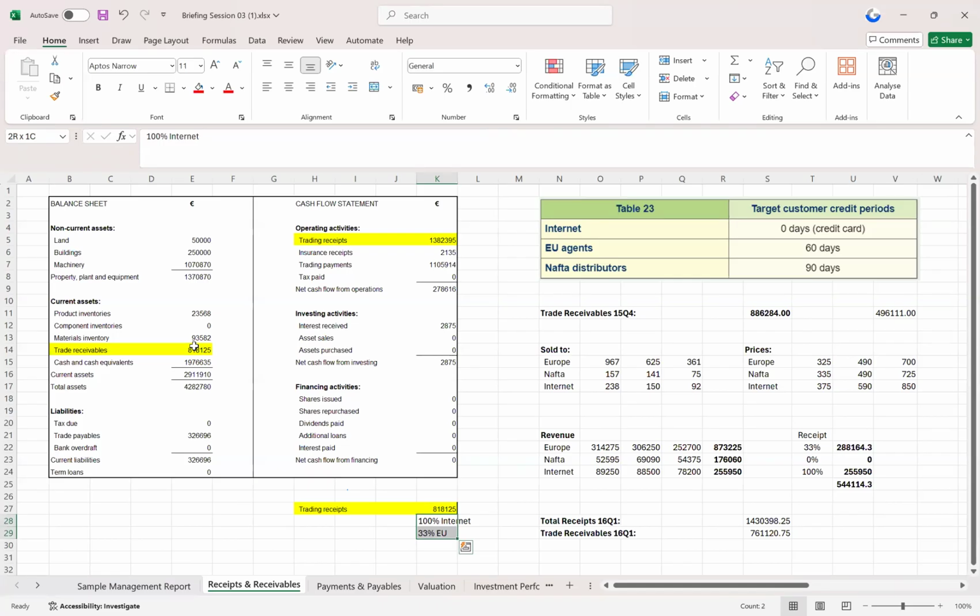Whatever orders you are expecting and how much you're delivering, on the basis of that you will be able to calculate that if these are the orders, 33% of that for Europe and 100% of that for internet. So this is how you will be able to calculate your trading receipts, you have to predict your financial statements. Yes sir. Clear. Got it? Any more doubt on this?